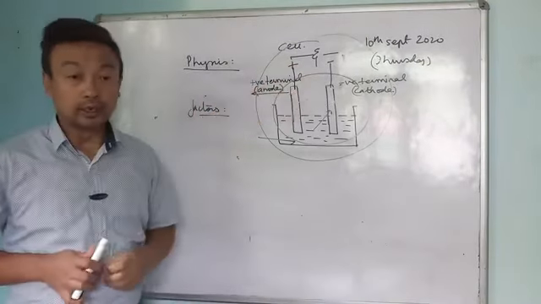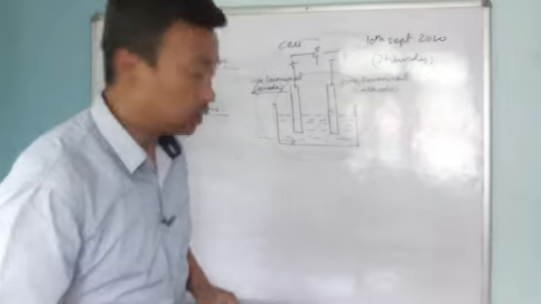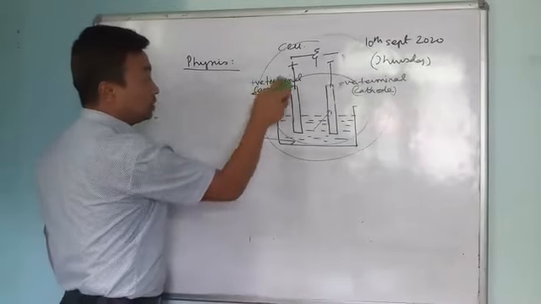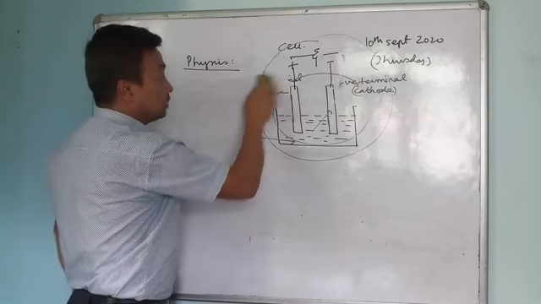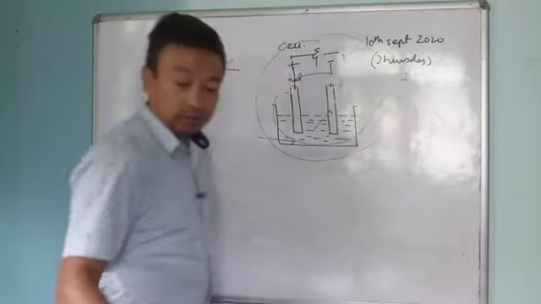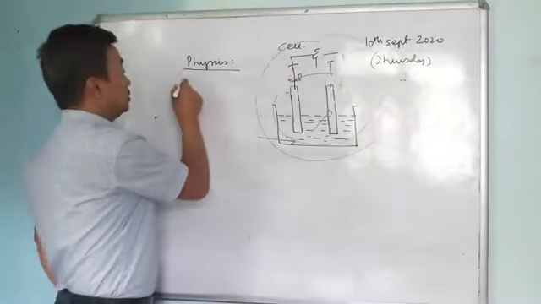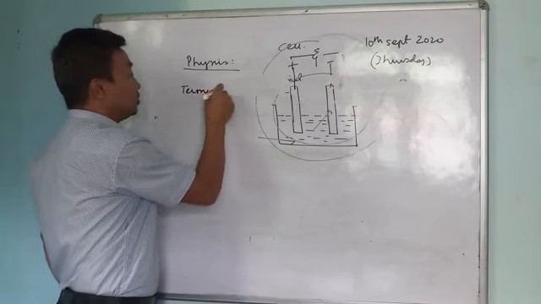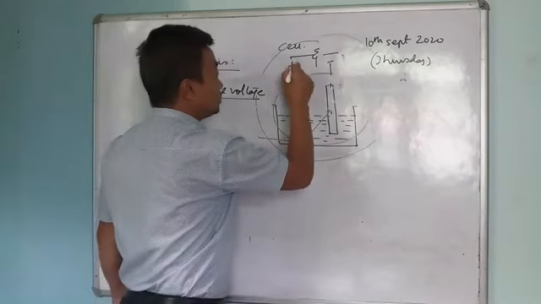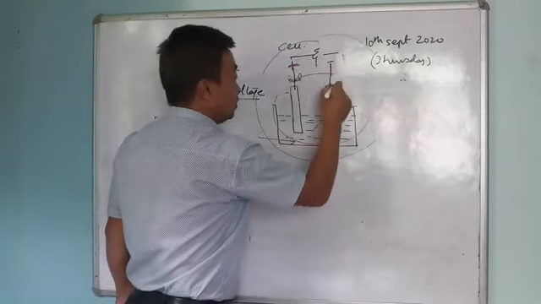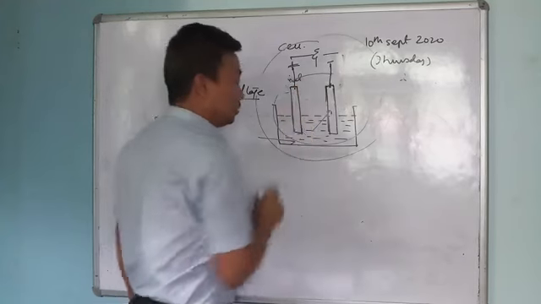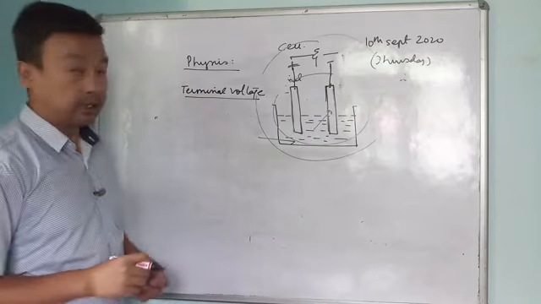Alright, now we come to the second point, that is the terminal voltage. This will be used again, so I will not draw this diagram. Now this terminal voltage will be slightly different from EMF.